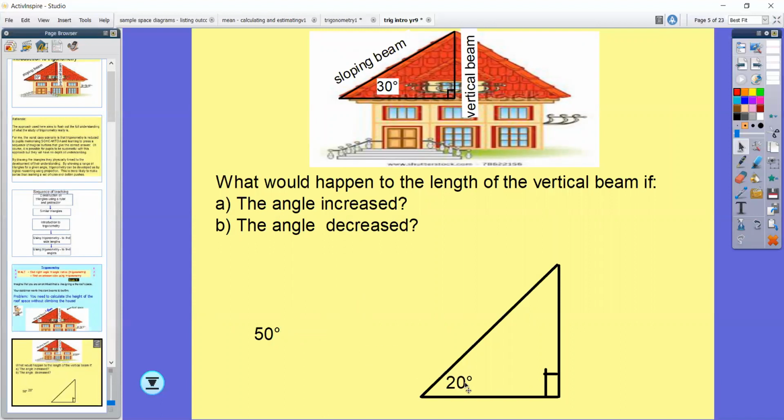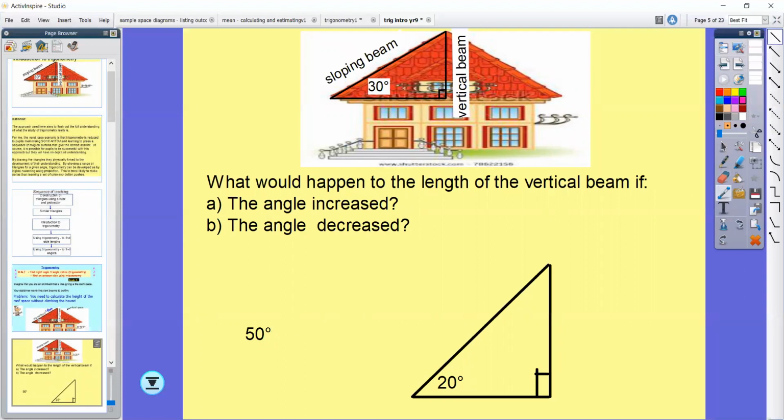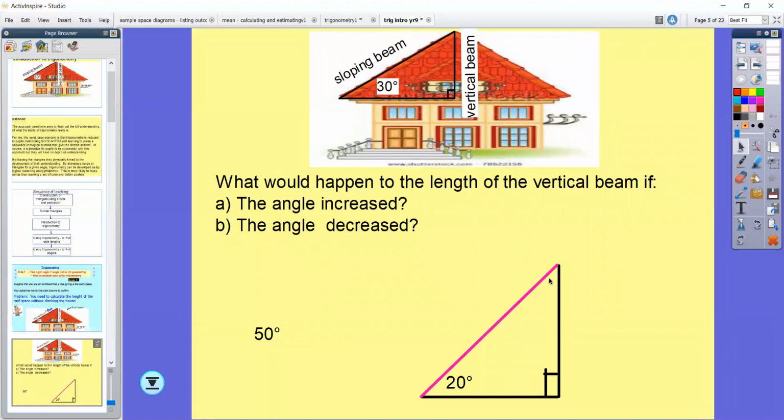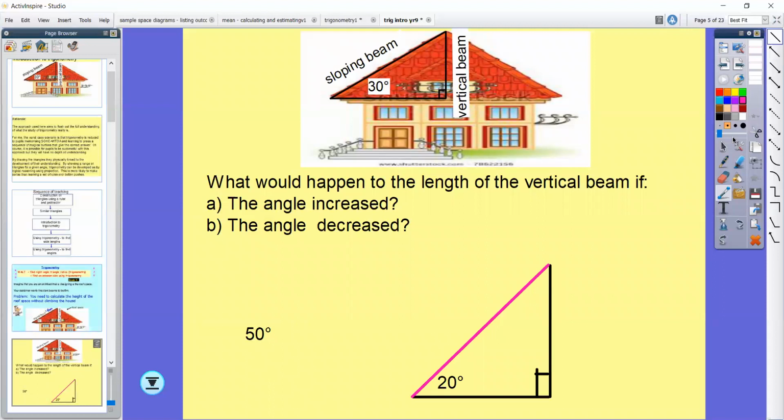So if I put 20 degrees in there, and we've got a height, we've got a slant beam there, and I take that slant beam and we rotate it. If it's going to let me do this. No, it's not going to do it. Okay, so if we go to 20 degrees, what's going to happen? Let's try that with a different colour, shall we?